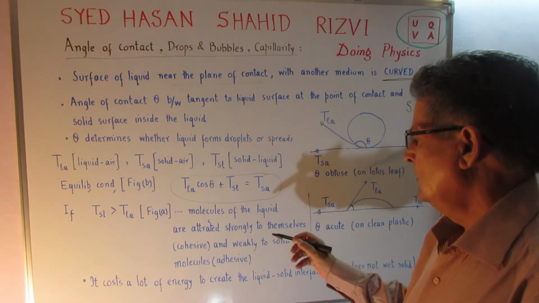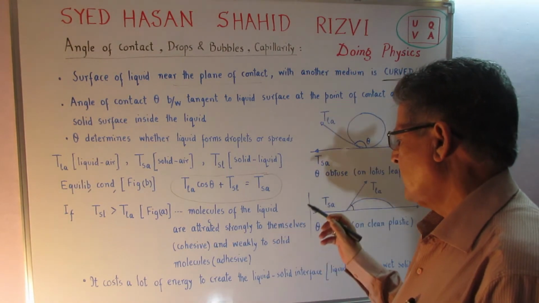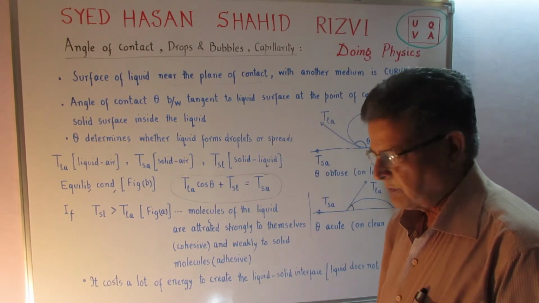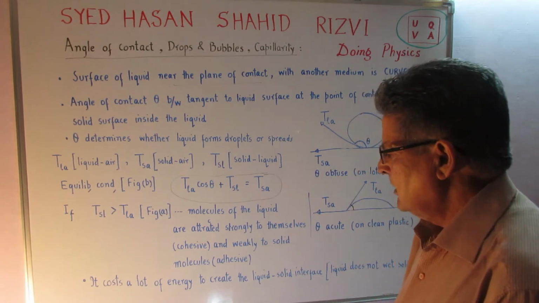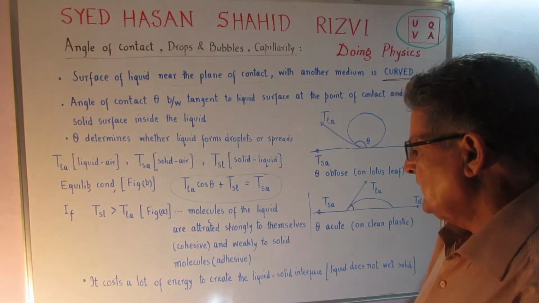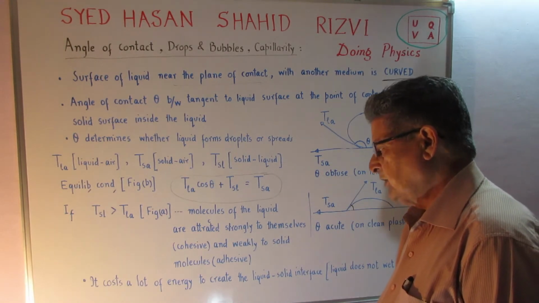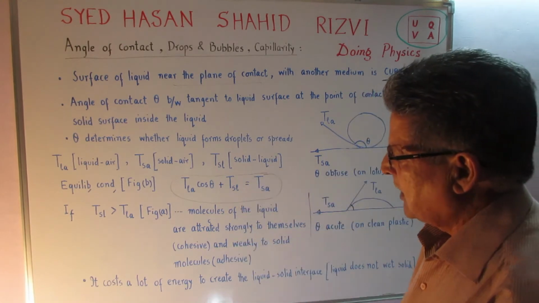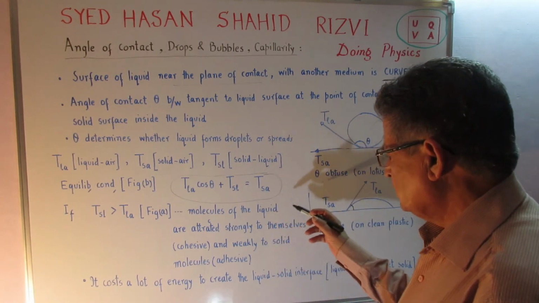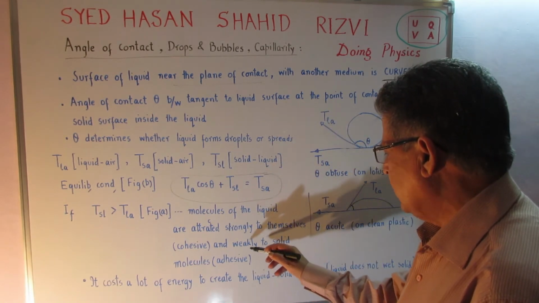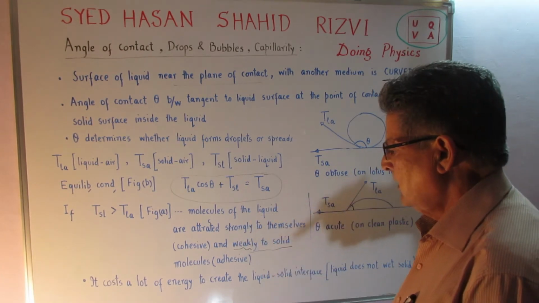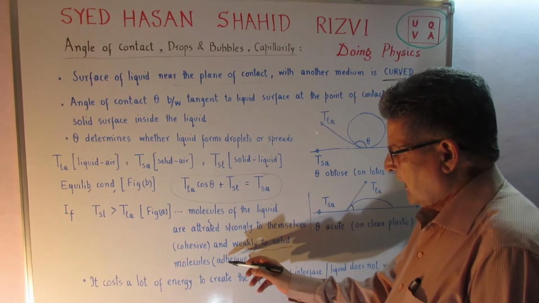A liquid molecule is strongly attracted by a liquid molecule. Such forces are called cohesive forces, okay. If in a matter the molecules of the same variety, of the same substance, attract each other, such forces are called cohesive forces. And of course, the molecules of the liquid are attracted weakly to the solid molecules, weakly, okay. So these are the adhesive forces.